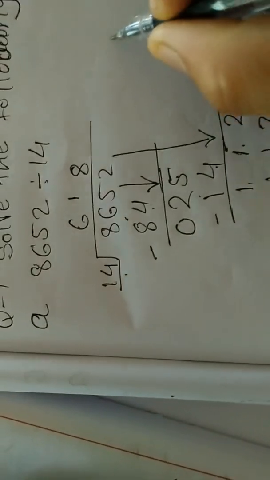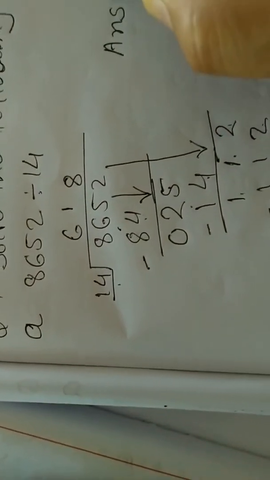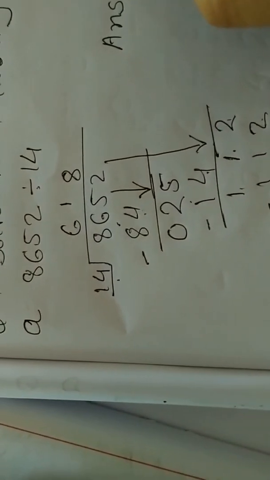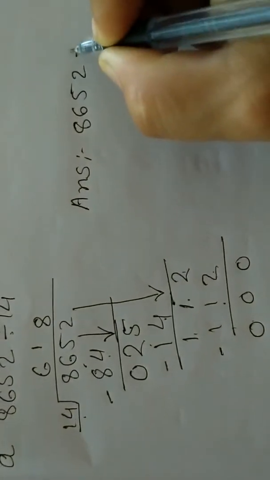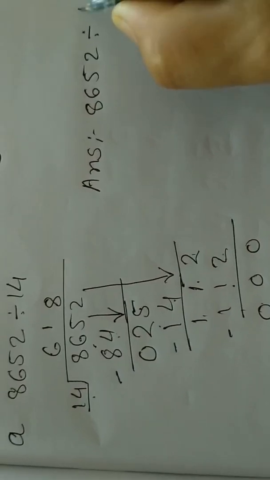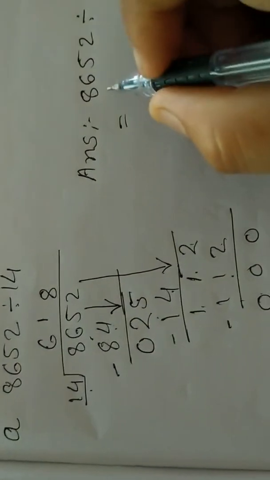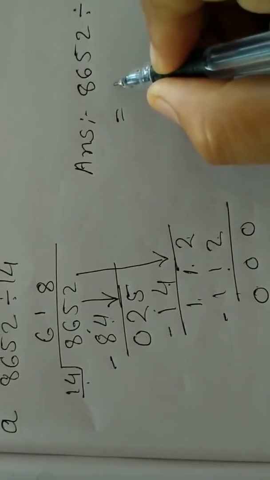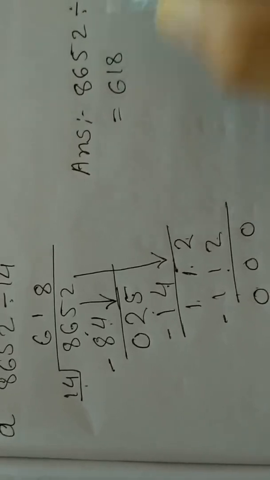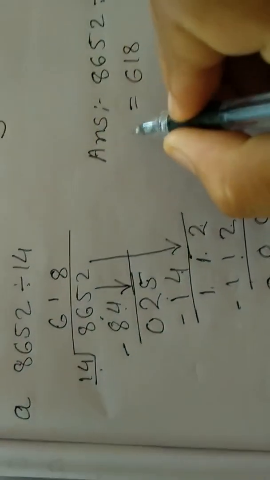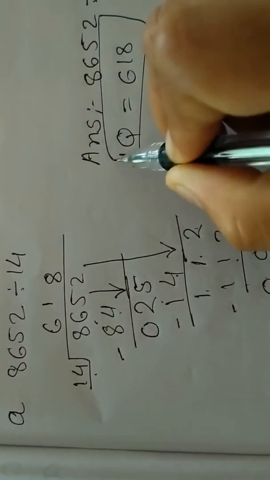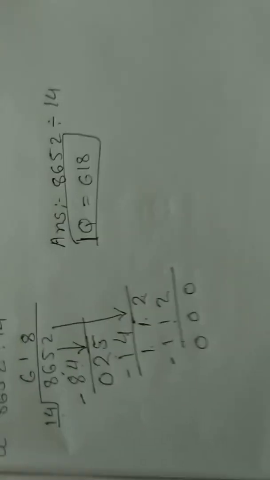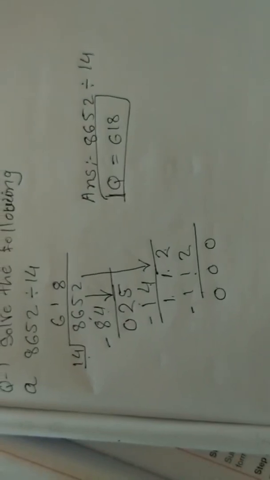So the answer is equal to 8,652 divided by 14 is equal to 618. Quotient is equal to 618. Now students, I'll give you 1 week, so you have to complete your work.